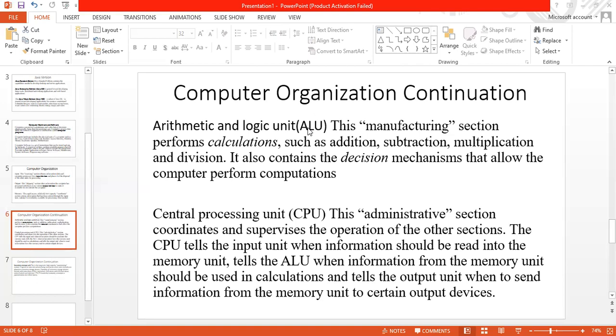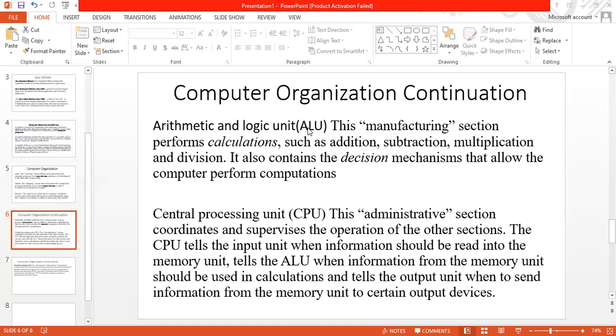So the central processing unit, this is the administrative section. They coordinate and supervise the operation of the other sections. The CPU, that is the short name for it, tells the input unit when information should be read into the memory unit.